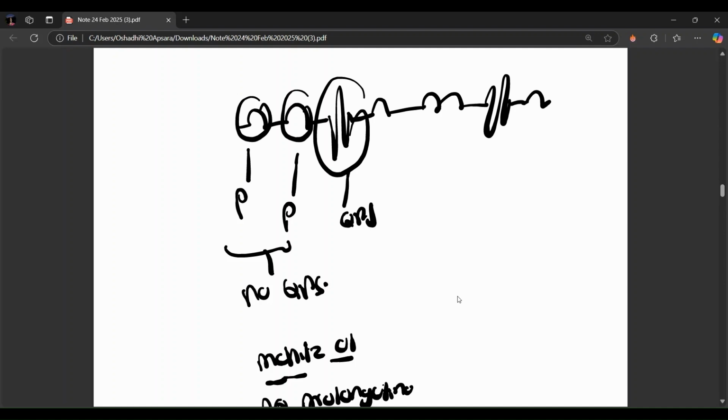It means it's like this: P, P, QRS, T, P, P, QRS, T. See, this is a P wave, this is a P wave, and here is a QRS complex. So between two P waves, no QRS. Normally what is happening? P, QRS, T. Next again P, QRS, T. What is now happening? There's P, P, next QRS, next T. So between two P waves, you could see there's no QRS complex.